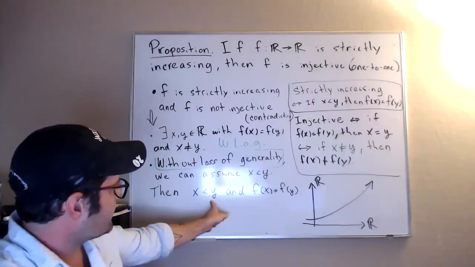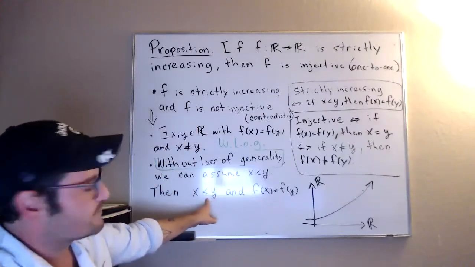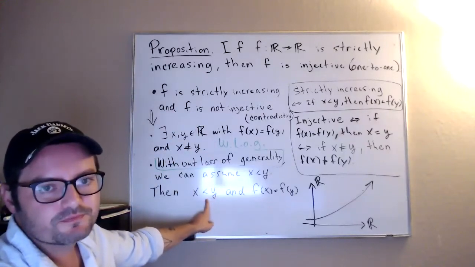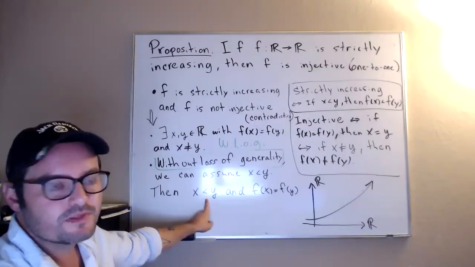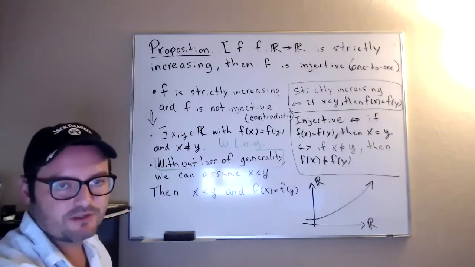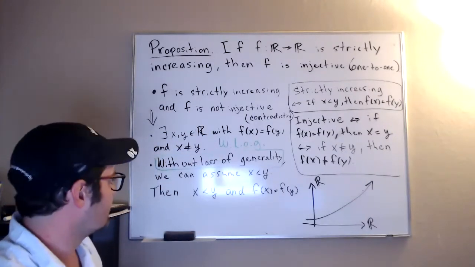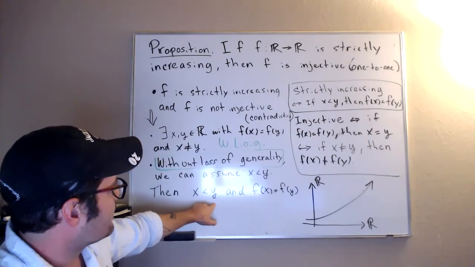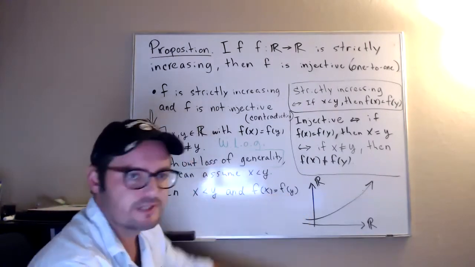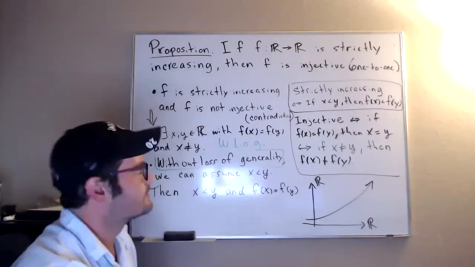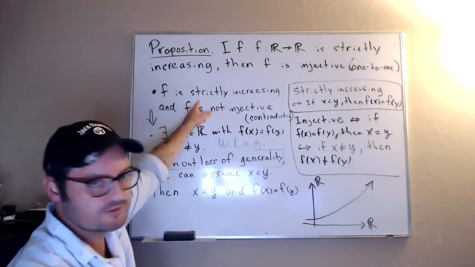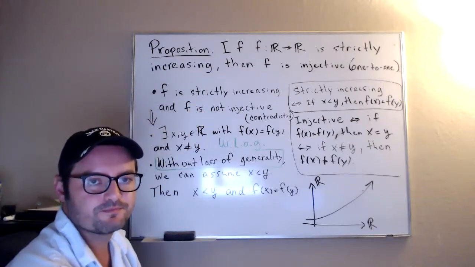Well, can f be strictly increasing if this happens? Oh, no. No, it can't, right? So that means that, yeah, we get a contradiction, right? If x is less than y, but f of x equals f of y, it's not strictly increasing. But we've assumed it to be strictly increasing. You see that?